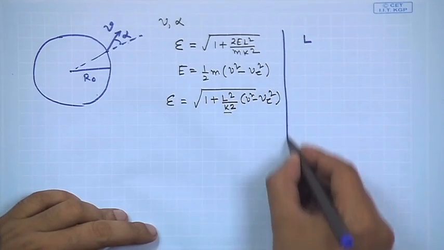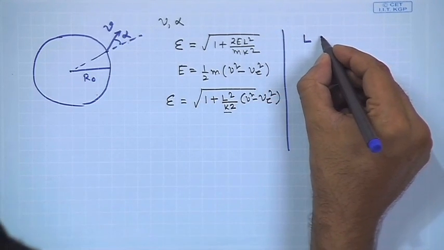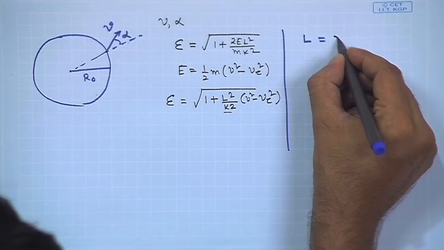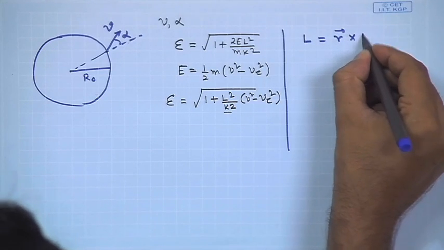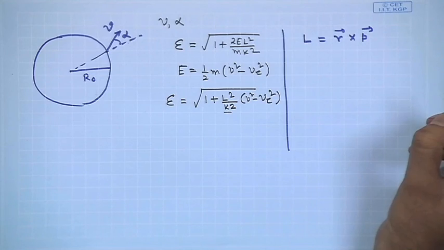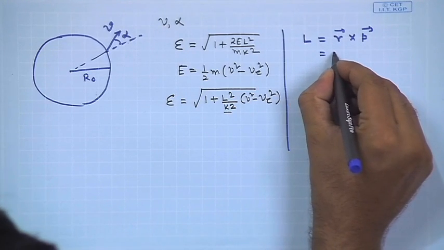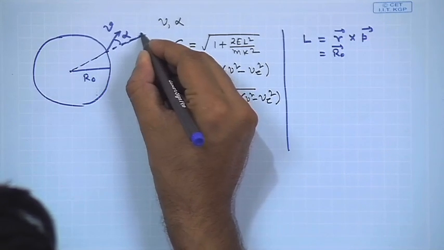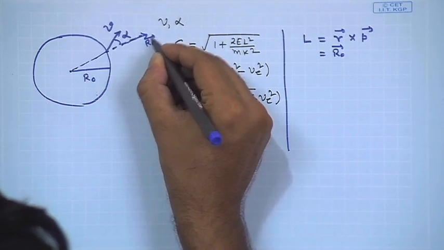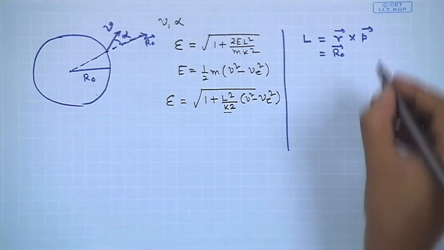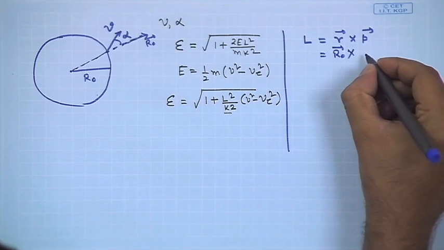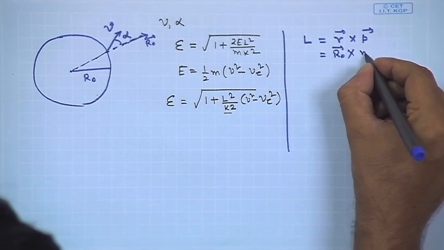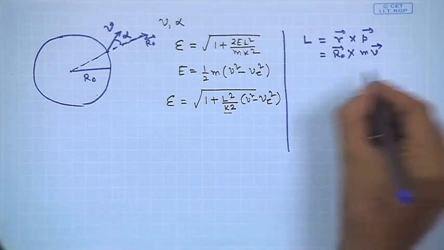So, I am just calculating L here. L by definition is r cross p. Here r is given by r0, let us say this is my r0 vector, and my p is m times v vector.